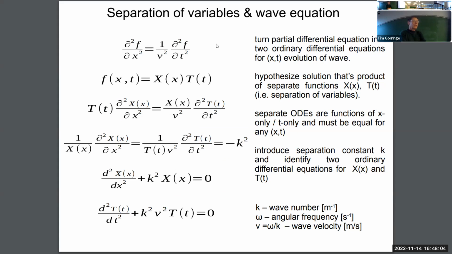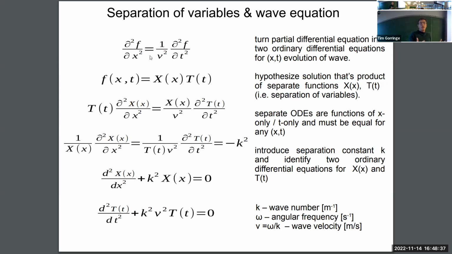Another way of looking at the solutions to the wave equation is through separation of variables, and we talked about this last week. I could take that wave equation, which is again a second order partial differential equation, and make the hypothesis that the solution can be written as the product of some function of x and some function of time.